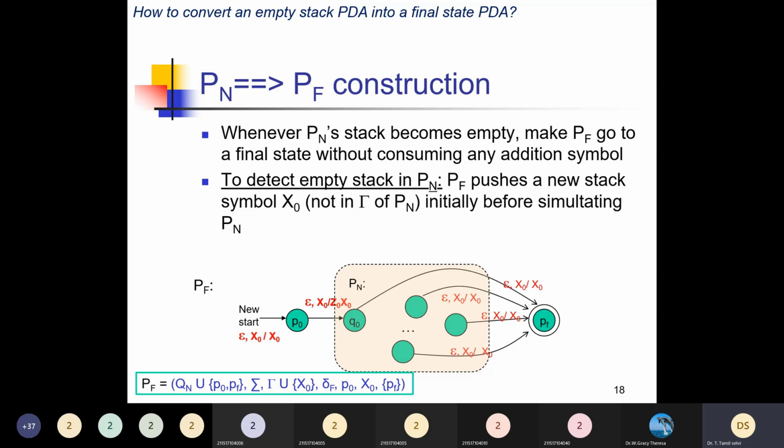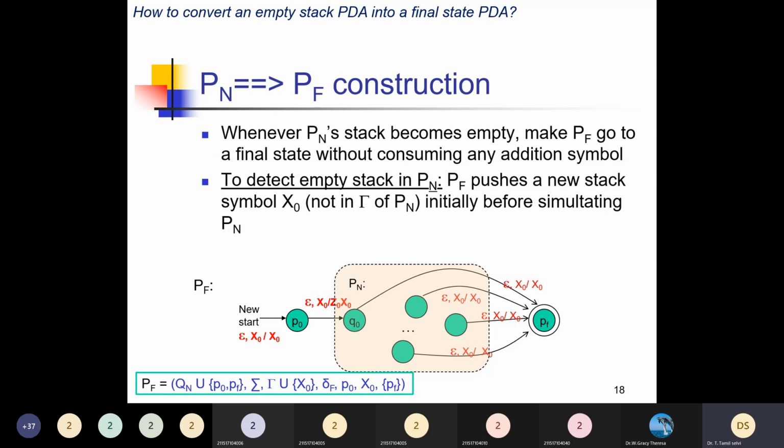Whenever we reach the empty stack, you directly draw one edge from that particular state to the final state without consuming any input symbol. Without consuming any input symbol means on that edge you write epsilon. So what is the purpose of epsilon? Without consuming any input, we need to reach the next state. Simply we can use epsilon on the edge. Okay, so this is the construction from PN to PF.